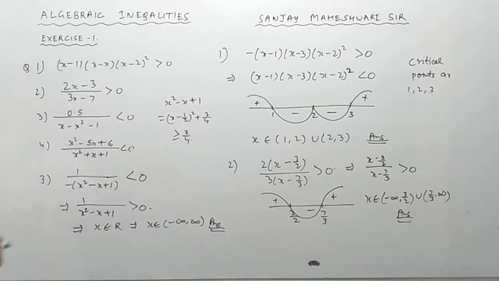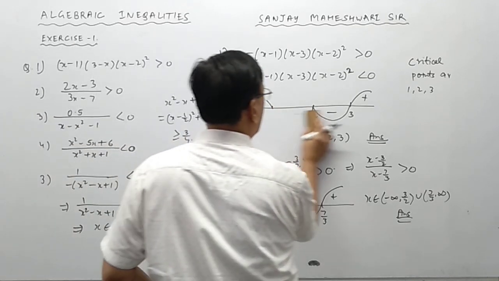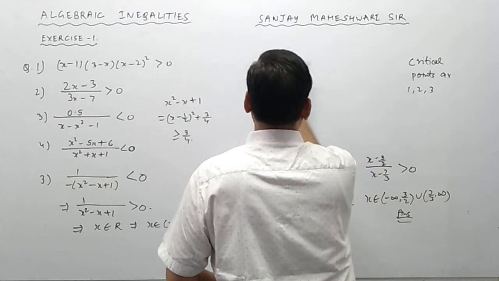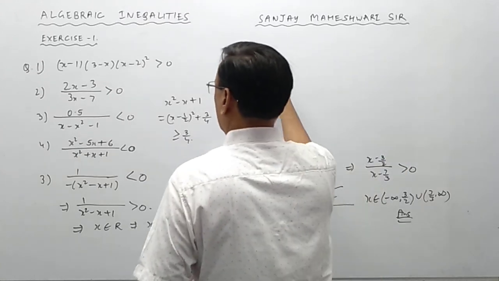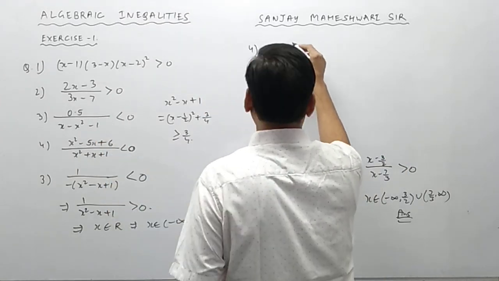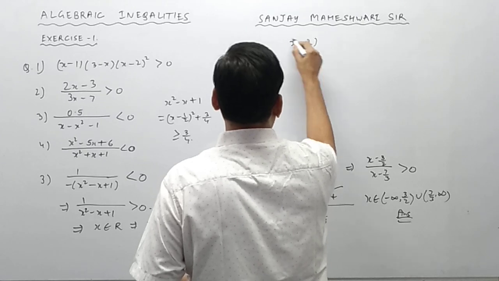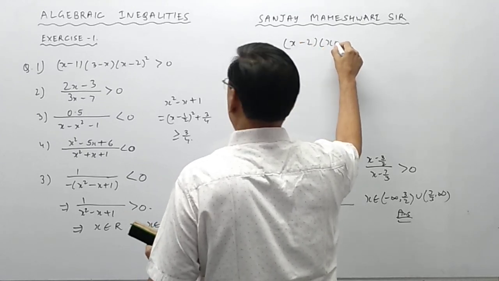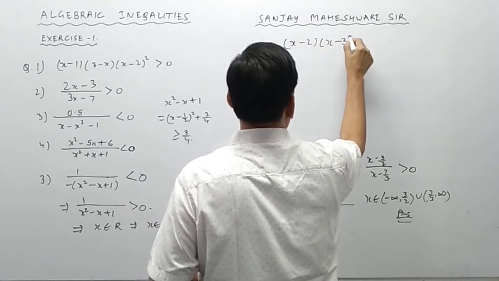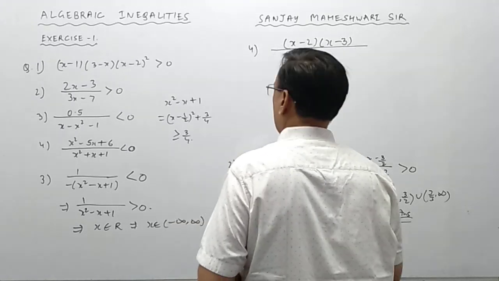Now, the fourth question we will be discussing here. As you can see, in the numerator you can replace x square minus 5x plus 6 by its factors x minus 2, x minus 3.